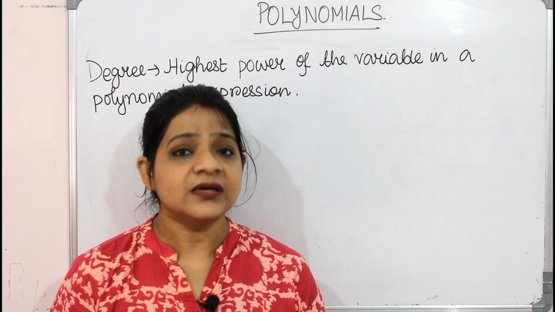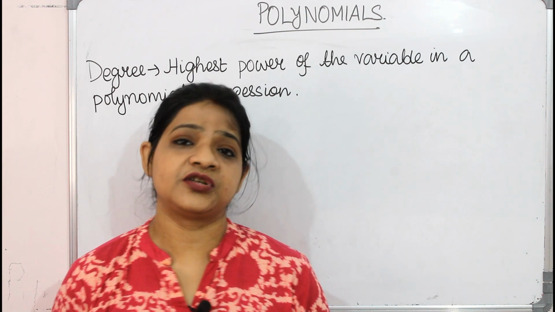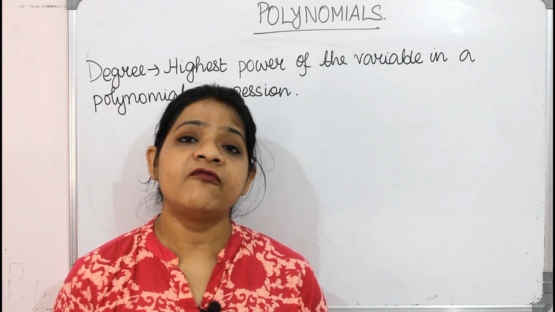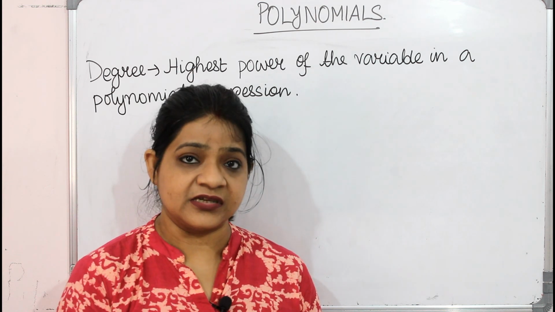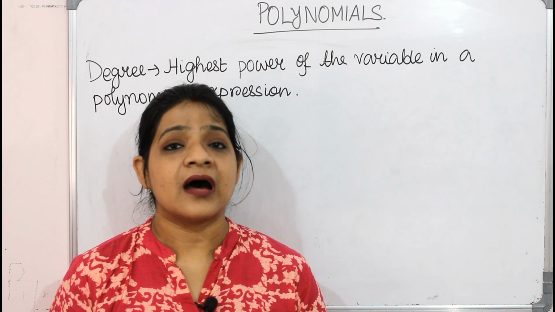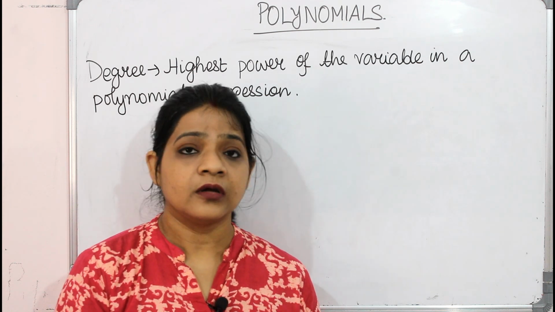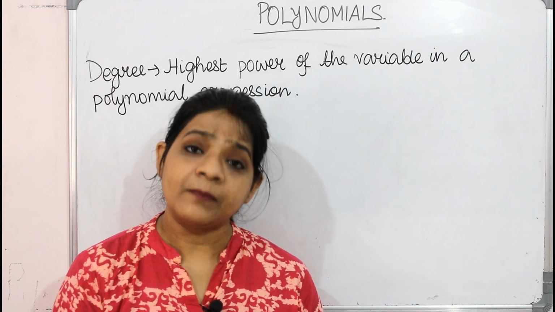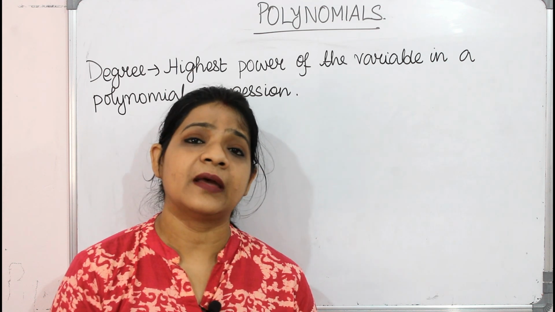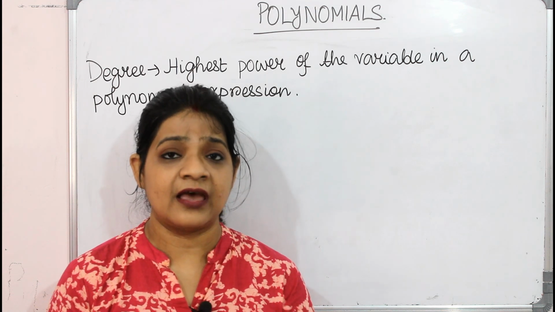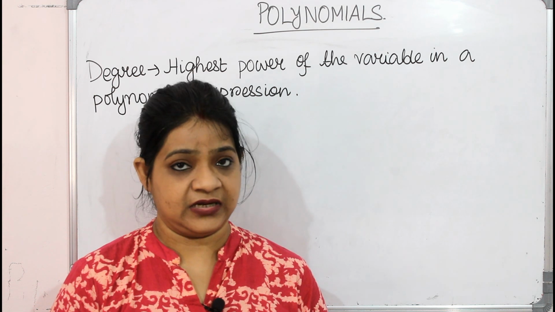Suppose a person is a PhD in mathematics. Before being a PhD, he passed his 10th board, then 12th board, then BSc in mathematics, MSc in mathematics, and finally he attained his PhD degree.